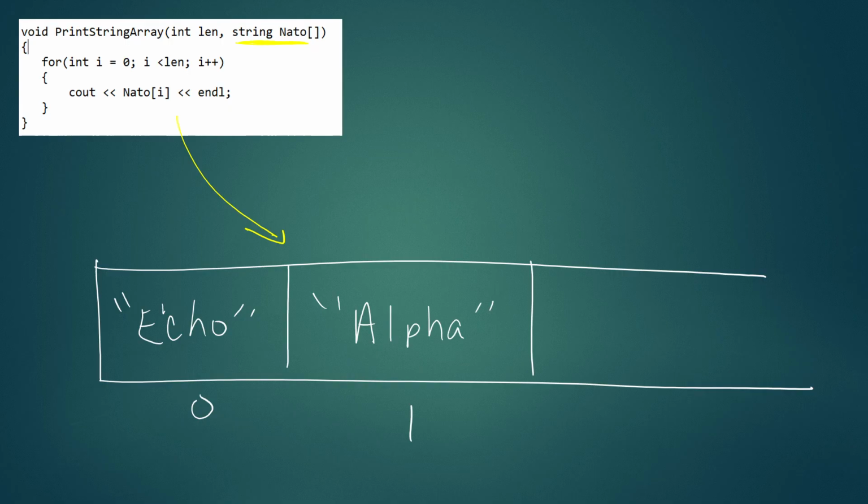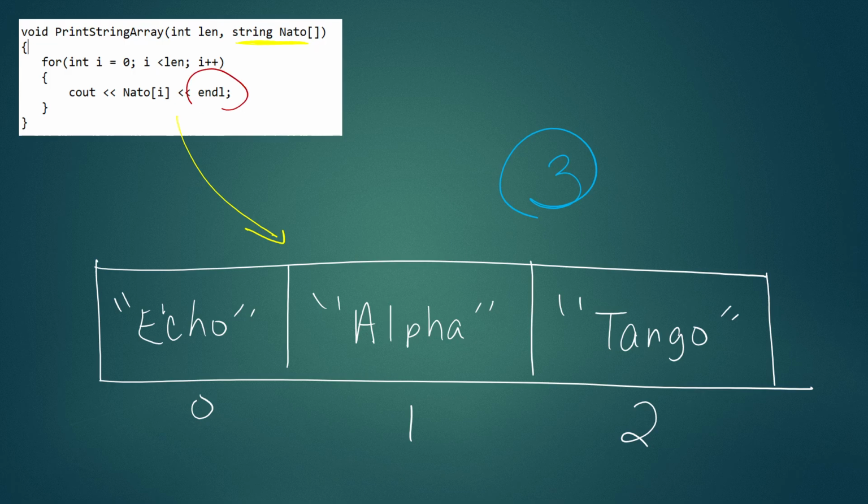I don't remember the words, but tango I think is 1. So this would be EAT. If your word was EAT, then this would be your string array. All this function does is take the length, which is 3. That means we have 3 strings in this array, and it's going to print the strings onto the screen. This end line right here is going to ensure that they are printed onto the screen in a column instead of in a row.